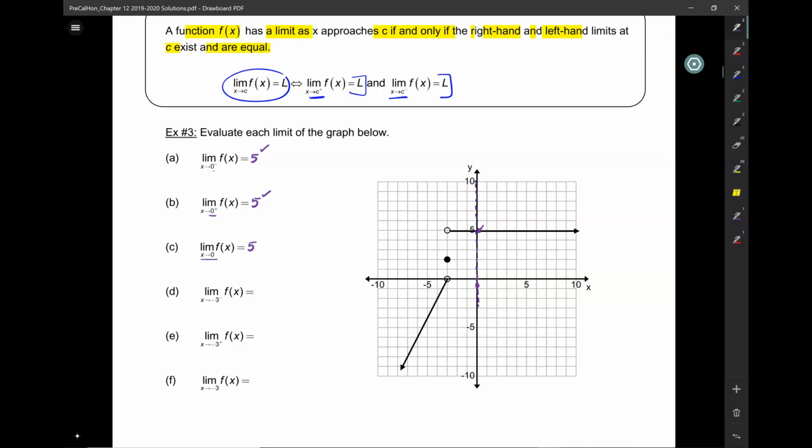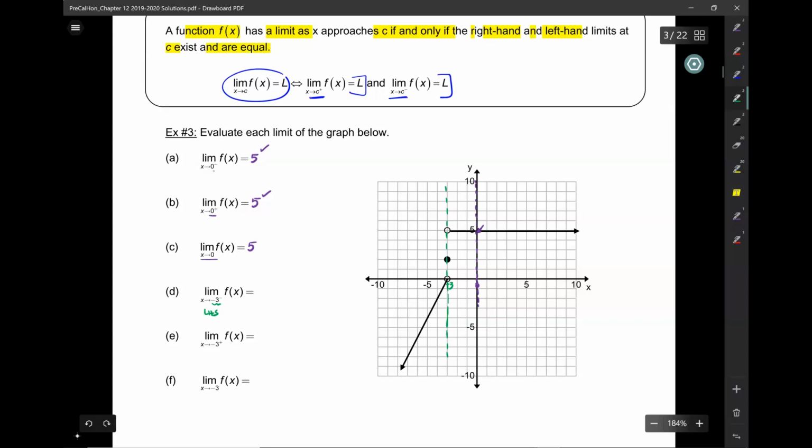The limit of f of x as x approaches negative 3 from the minus side. This is negative 3 right here. Let's draw that imaginary line. I want the function as x approaches negative 3 from the left-hand side.